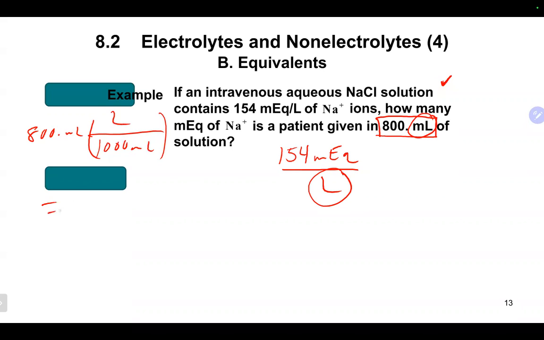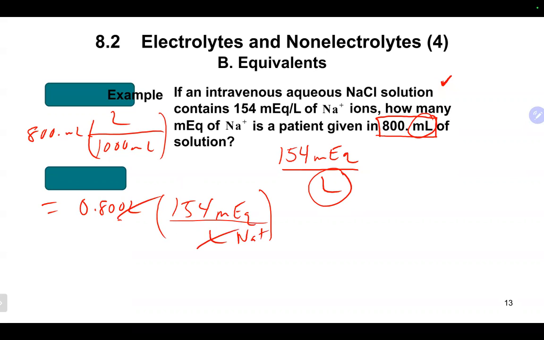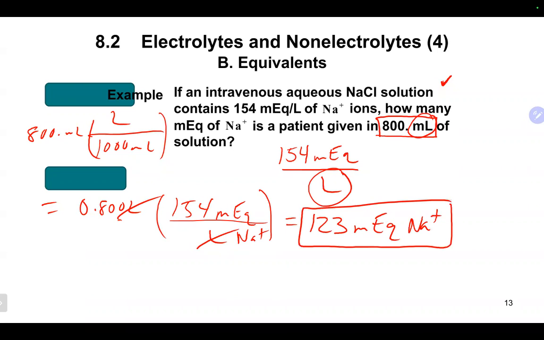That gives us 0.8 liters. We would then take that times the 154 milliequivalents per liter of our sodium ion. The liters would cancel each other out, and we would end up with about 123 milliequivalents of sodium ions given to the person there.